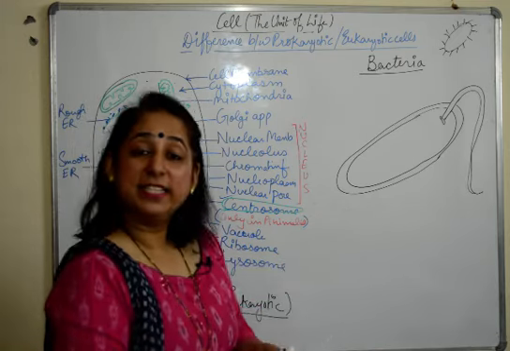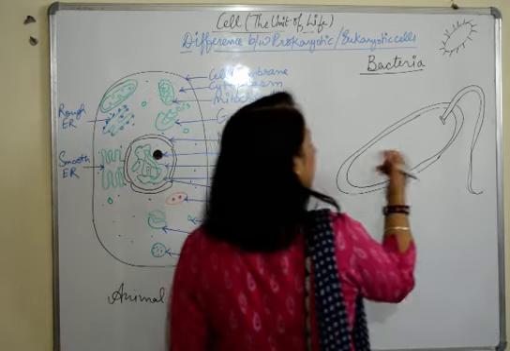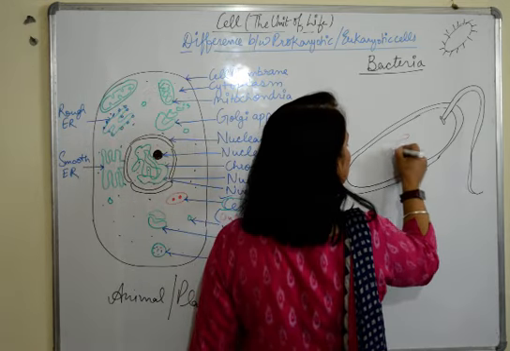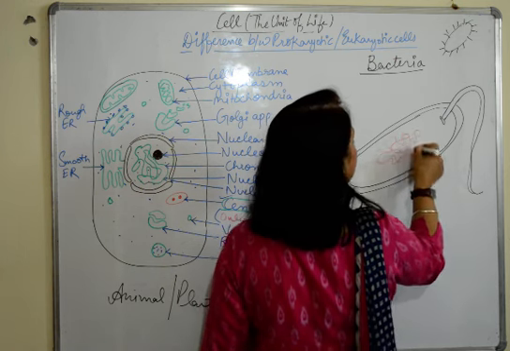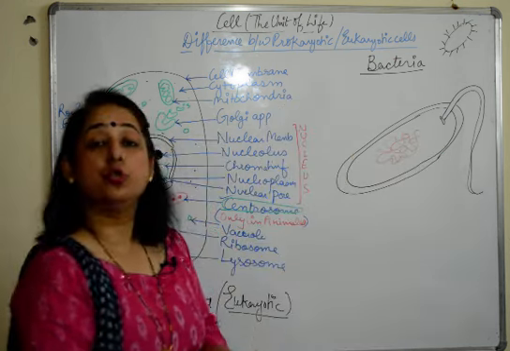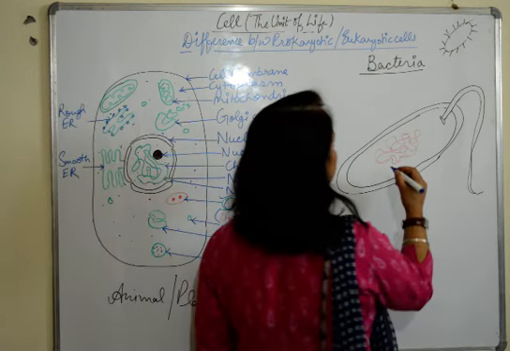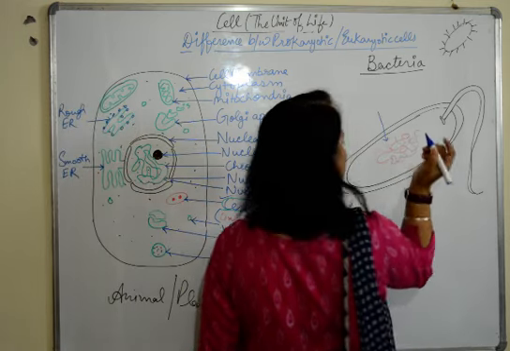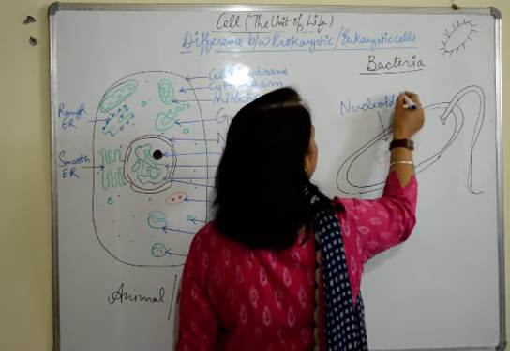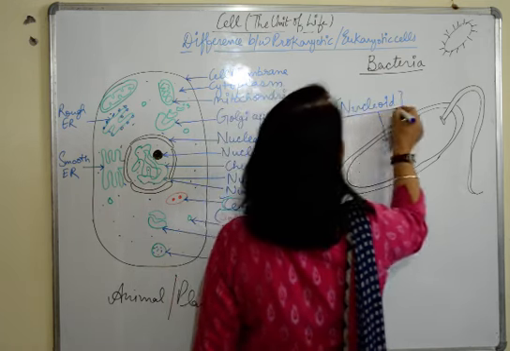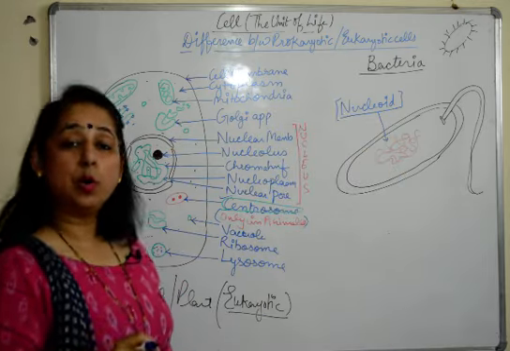The most interesting feature here is that instead of a nucleus, they just have this coiled DNA or genetic material mass, which is known as nucleoid. This is genetic material, nucleoid. Some of you do not have this in the book, you can write it down. So this is nucleoid, the genetic material.